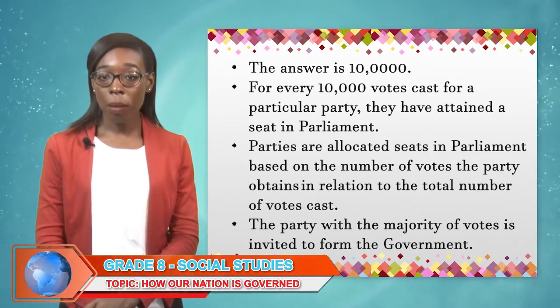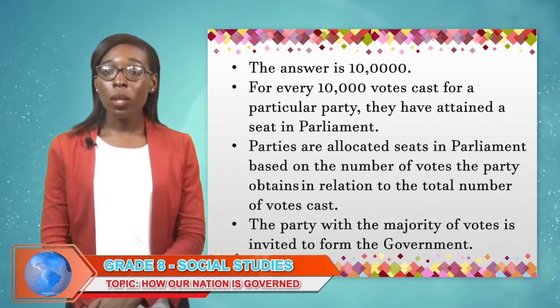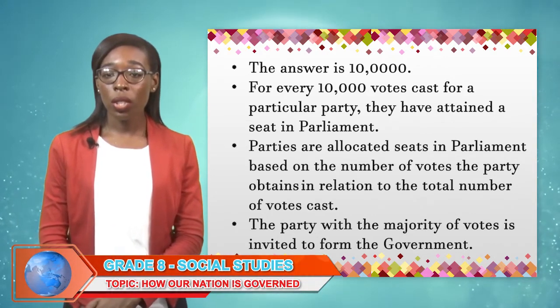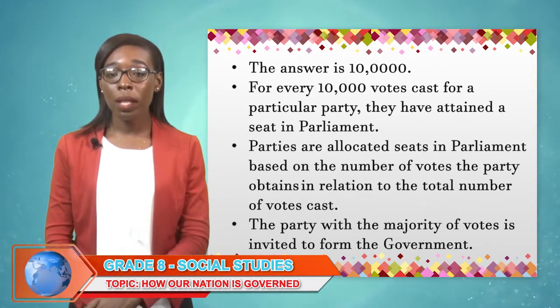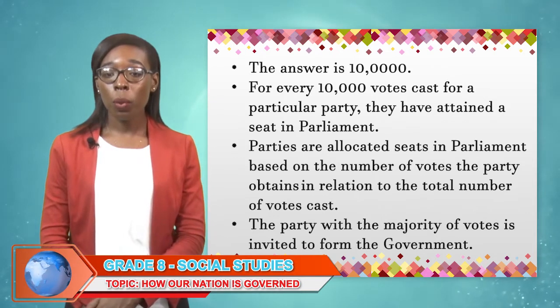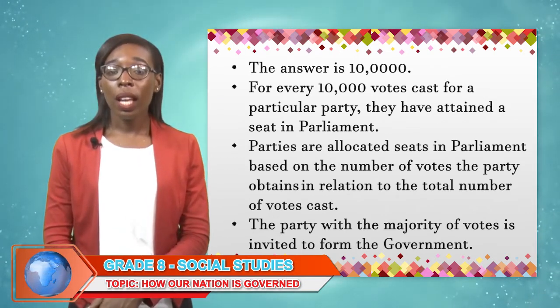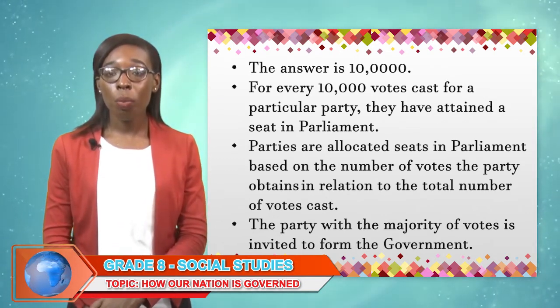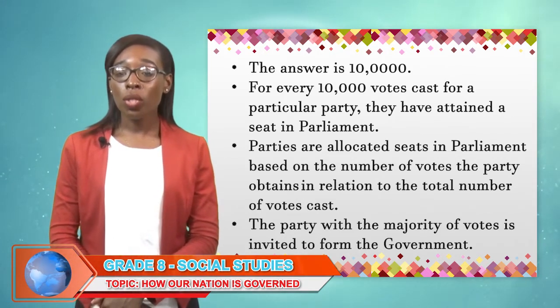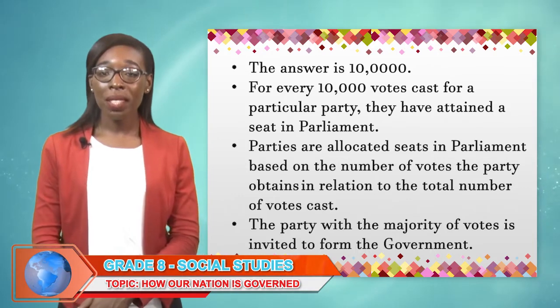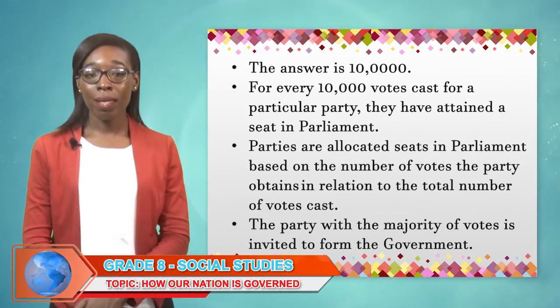seat in Parliament. This system is called proportional representation because parties are allocated seats in Parliament based on the number of votes the party obtains in relation to the total number of votes cast. The party with the majority of votes is invited to form government.